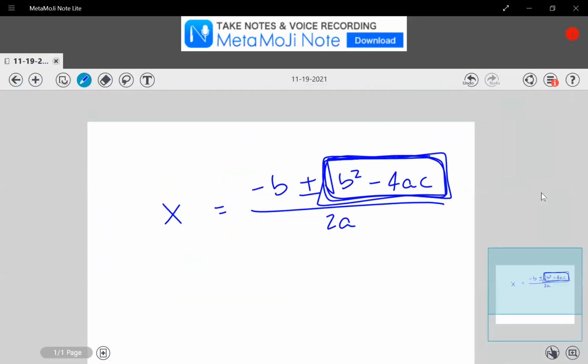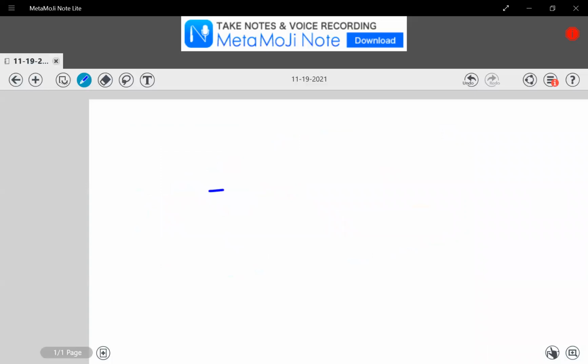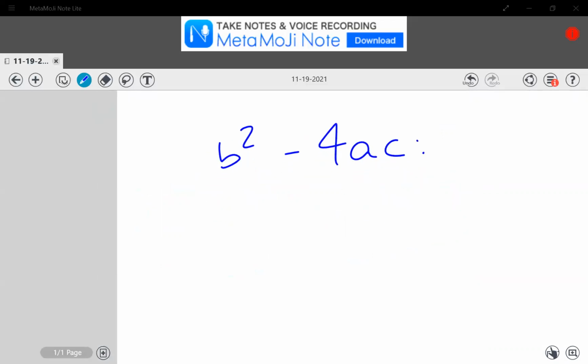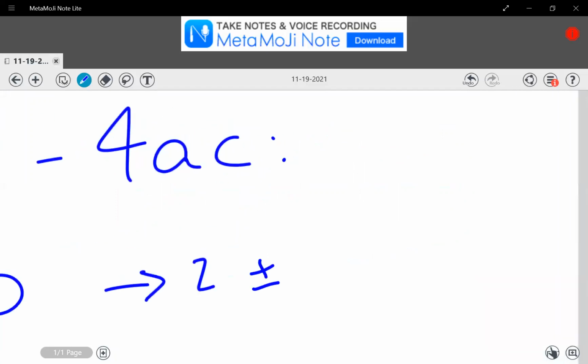And these roots are discovered by the discriminant. Let's take a look. Discriminant: b squared minus 4ac. So if our discriminant equals 0, then we have two identical, plus or minus same roots.